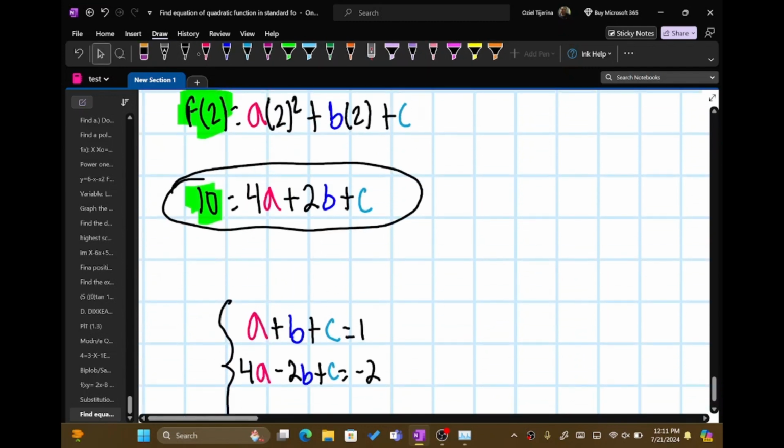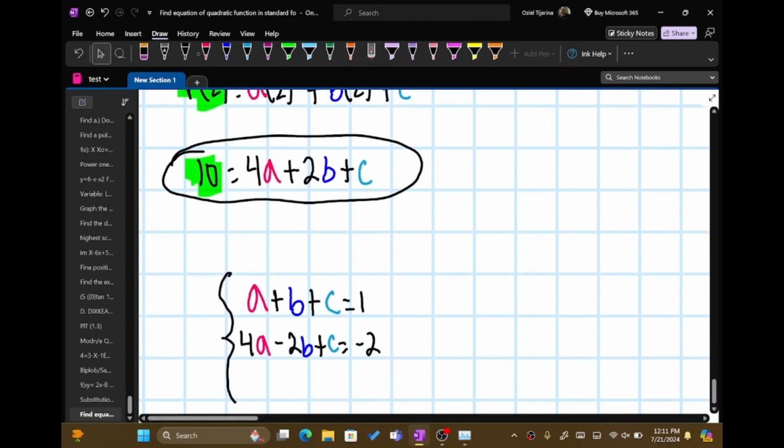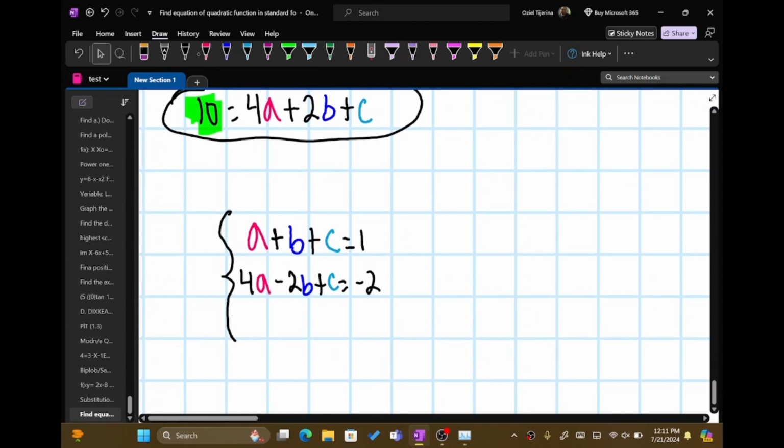And then we have 4a plus 2b plus c is equal to 10, right?